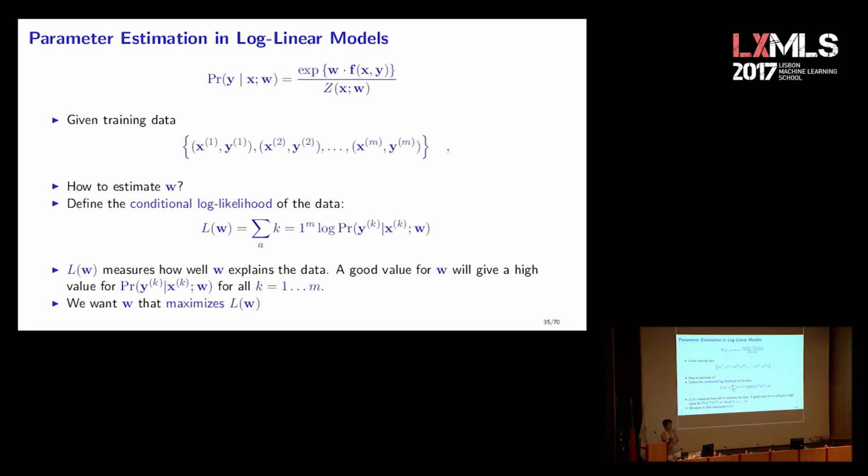So I want the model that is more consistent with the truth. A good value for W will give high probability to the true output in the data given the input, for all the examples. So if we are to choose between two W's, we pick the one that maximizes this likelihood.